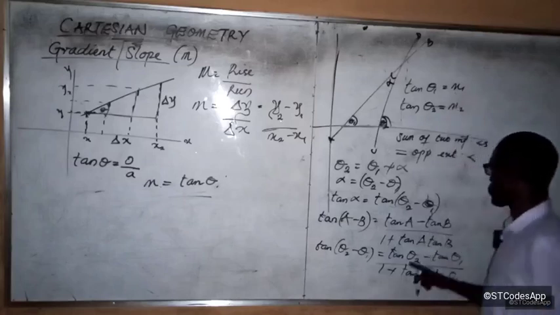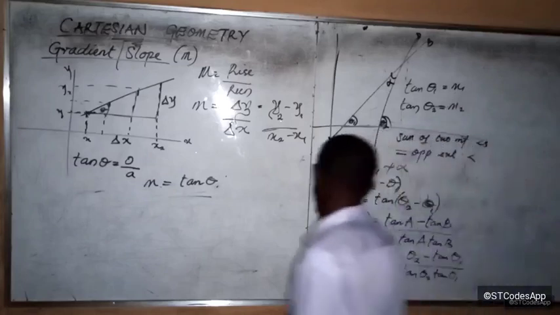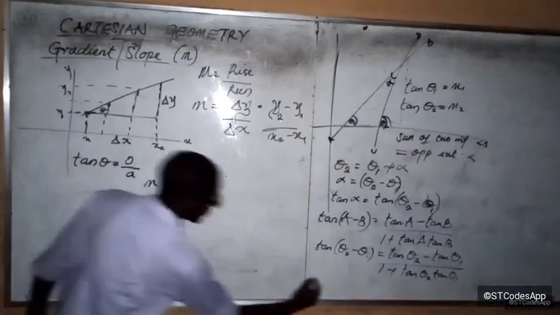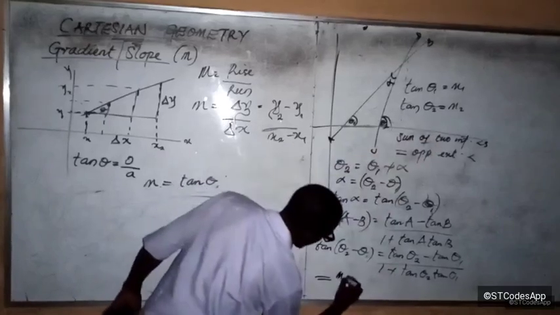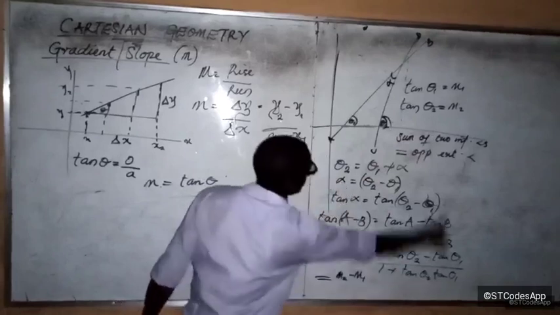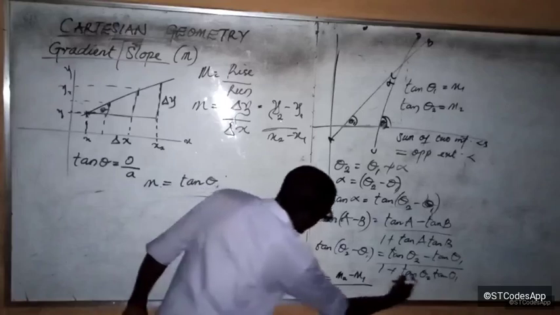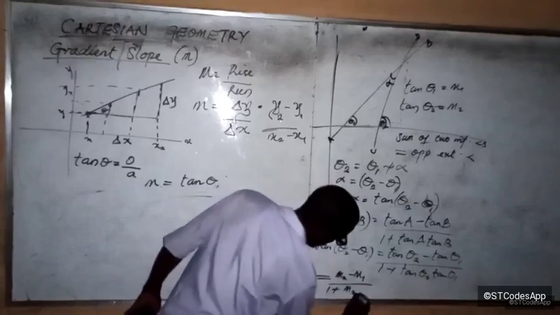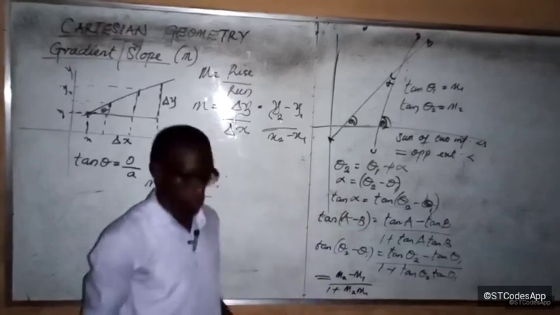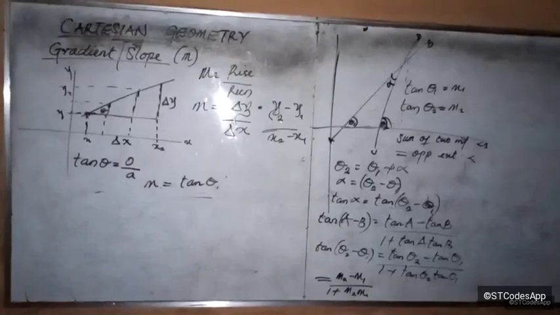So we can now substitute them into this equation, so that the angle between those two lines will be equal to tan theta 2, which is m2, minus m1, which is tan theta 1, over 1 plus m2 m1. And this will be the equation for the angle between two lines.